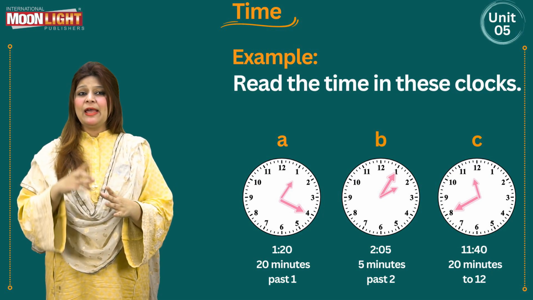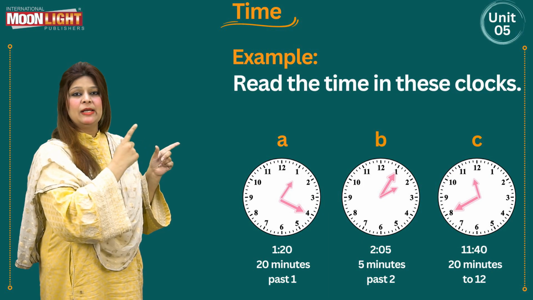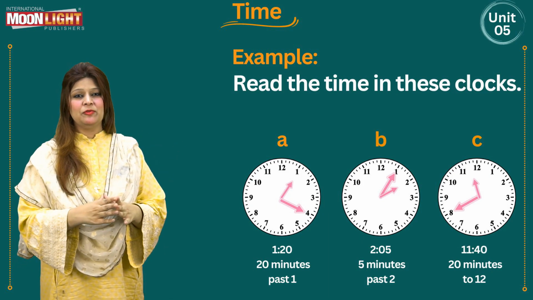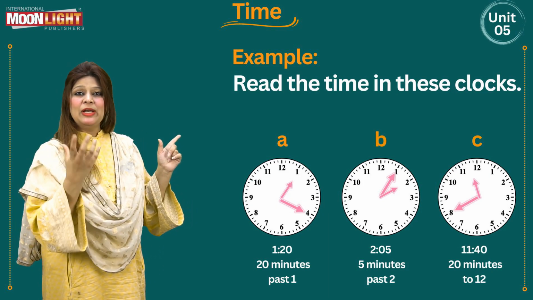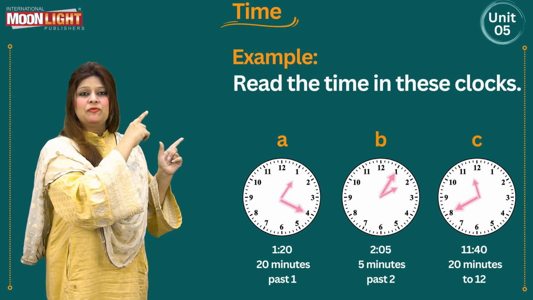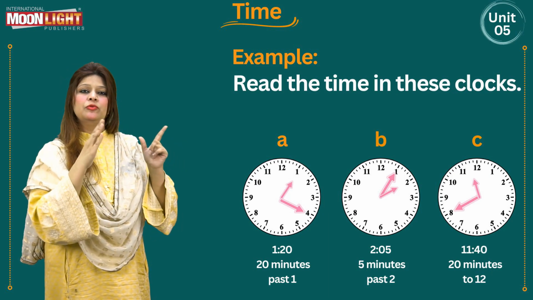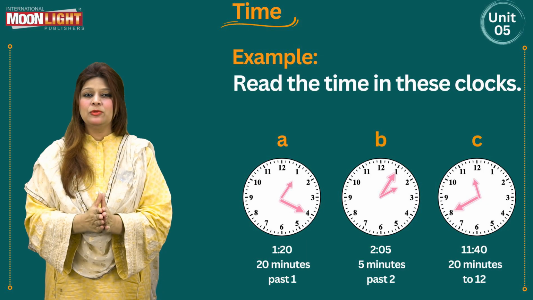In this clock, you can see that parts A, B and C are given. What is the interval, basically? Everywhere you can check, from 12 to 1 there are 5 lines, from 1 to 2 there are 5 lines, or intervals as we call them.